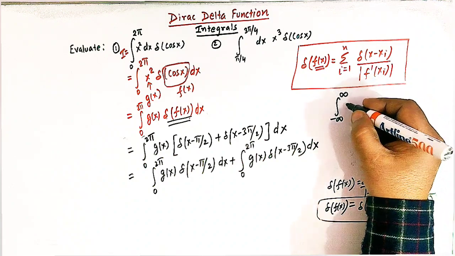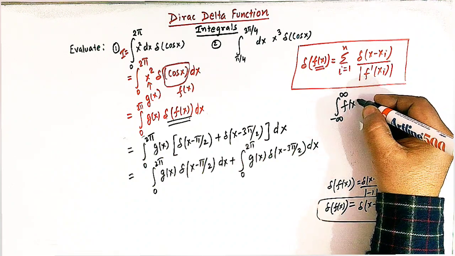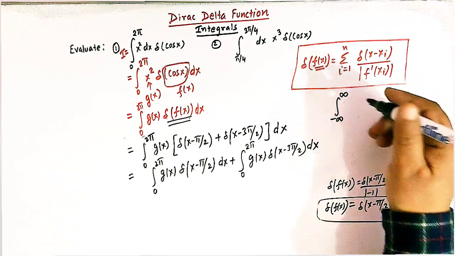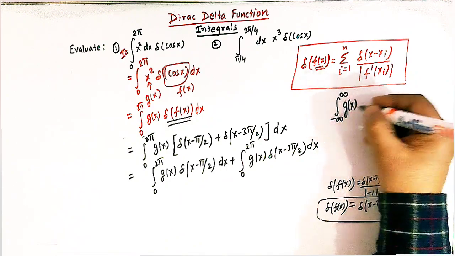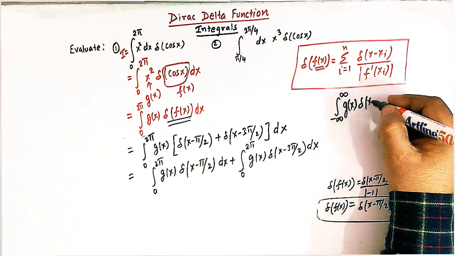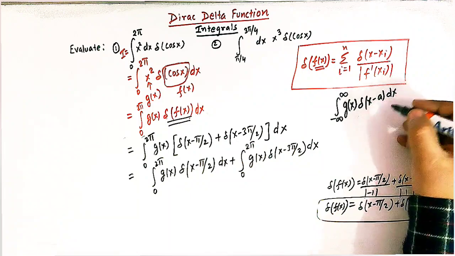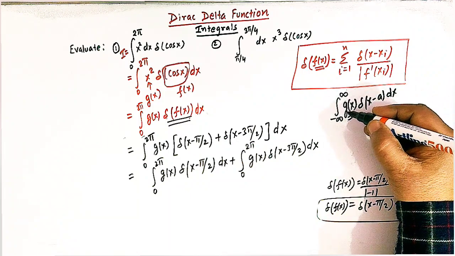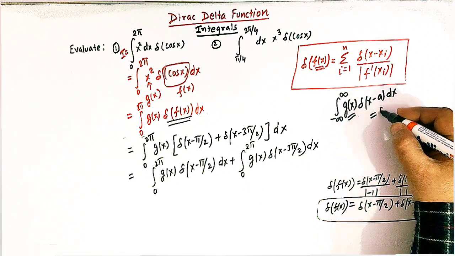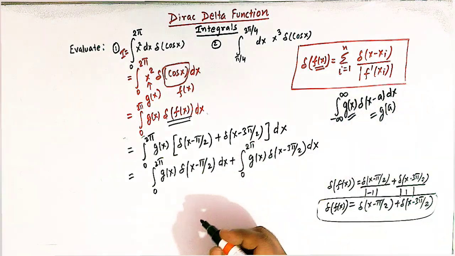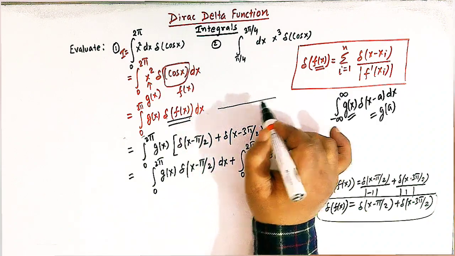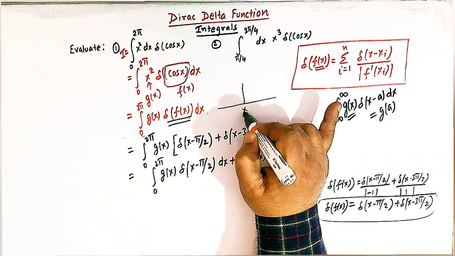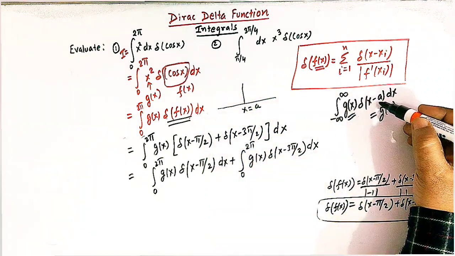Now from the definition of the delta function, we know that if we have the integral from minus infinity to infinity of a function, say f of x, or we can take g of x, times delta of x minus a dx, then the value of this integral is given by the value of this function at this point, that is g of a, because the delta function gives the value at only this point, x is equal to a.